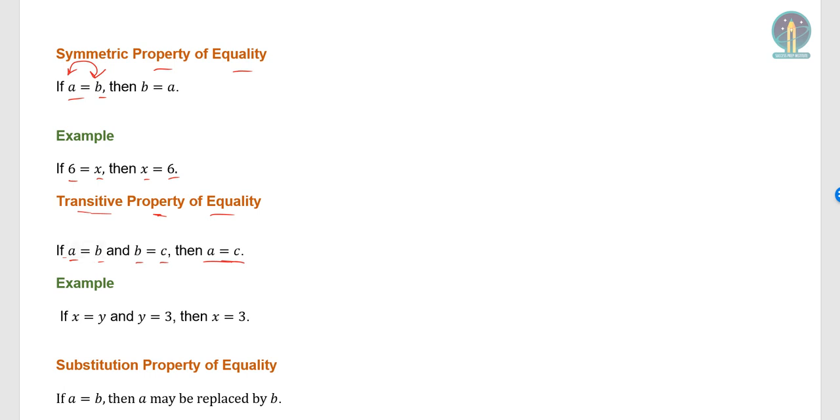So a and b are equal, and b and c are equal, so a and c are equal. Right? There was no direct relationship between a and c given these two equations, but we can draw that relationship based on the transitive property of equality.